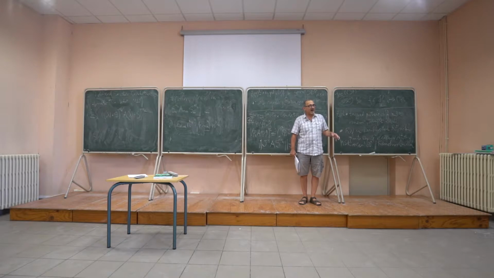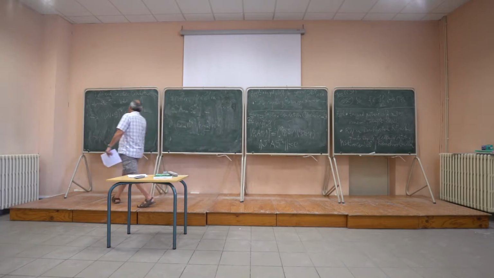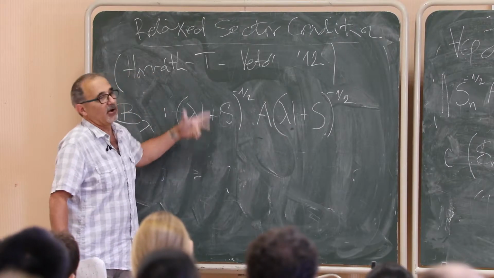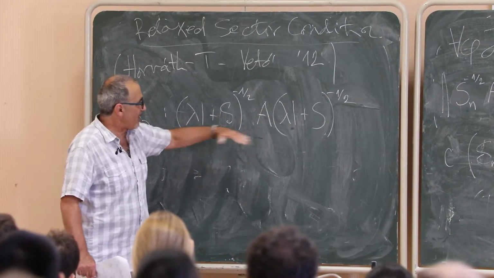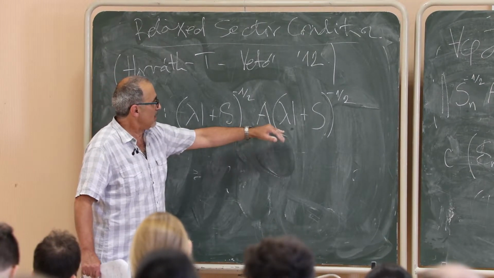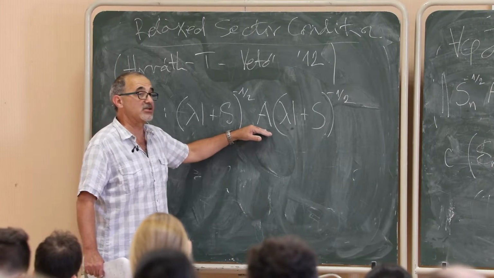Now A might be unbounded, but that's just the nuisance part. The essential thing is the unboundedness of S inverse or S to the minus 1/2. Good? So assume A is a bounded operator, then this is a well-defined bounded operator. Why? Because this is a strictly positive operator, inverted or square root inverted. The norm of this operator is bounded above by lambda times norm of A, and it's skew self-adjoint.